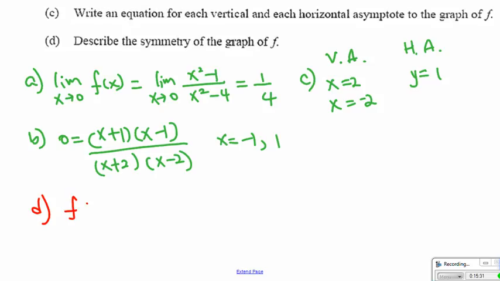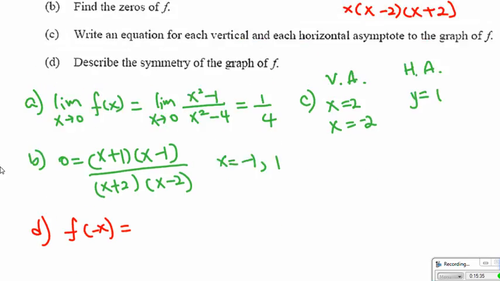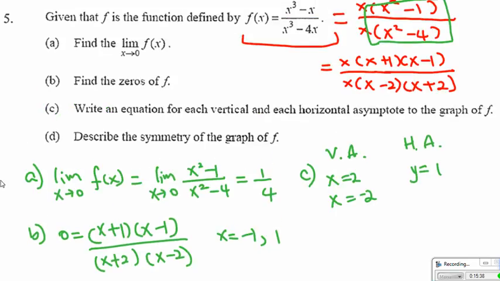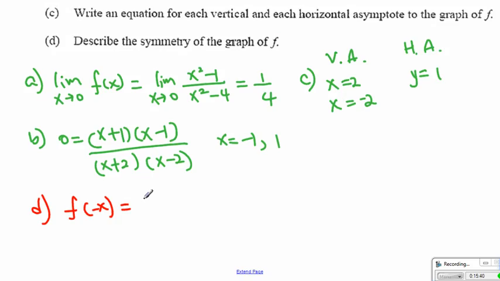So when you plug in f of negative x, it becomes negative x cubed plus x over negative x cubed plus 4x. Now, this basically is equal to negative f of x. So therefore, we realize that this is an odd function.